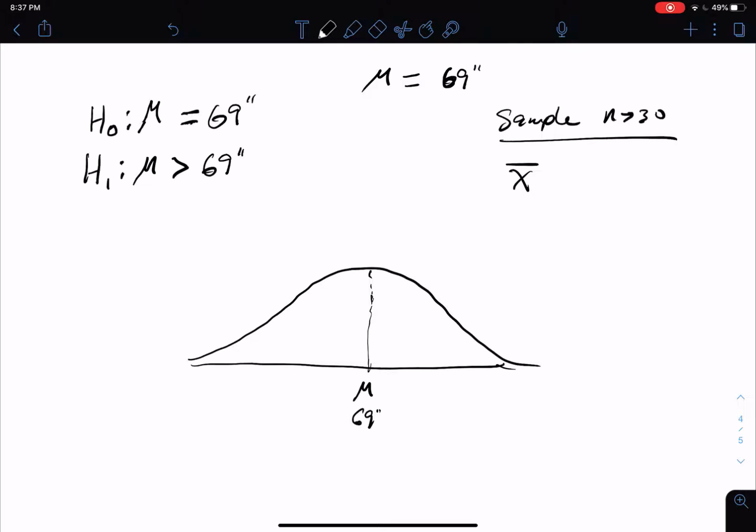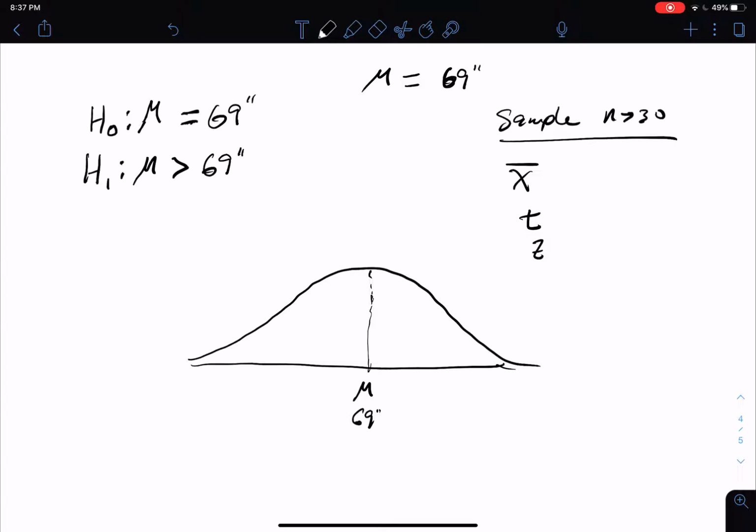Using the sample mean, we're able to use a test statistic, and we'll have to do that in 9.2. That test statistic comes from a formula that, depending on which problems we're doing, could be a t-value or a z-value.